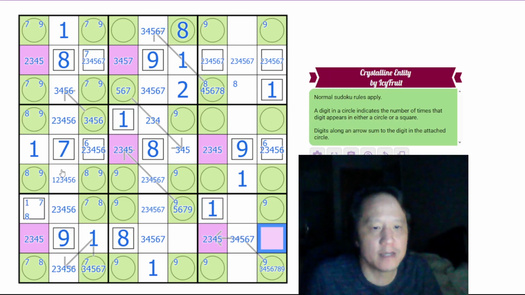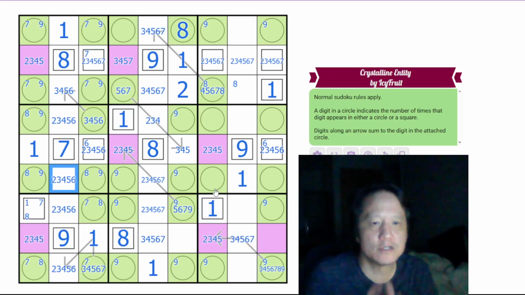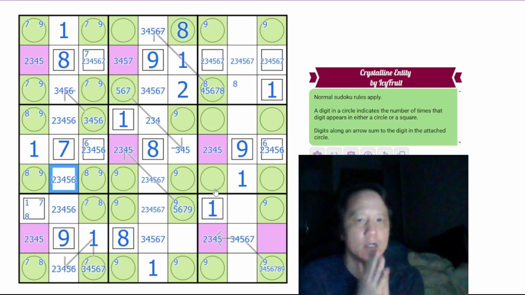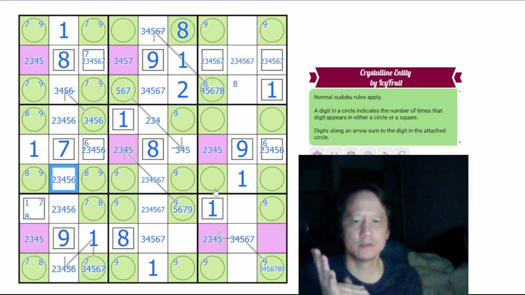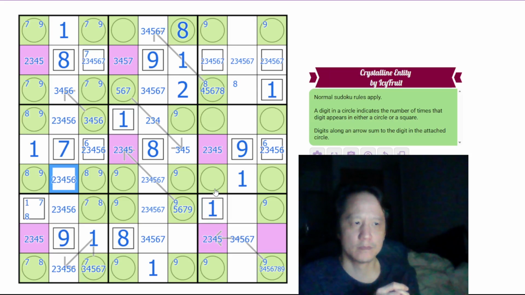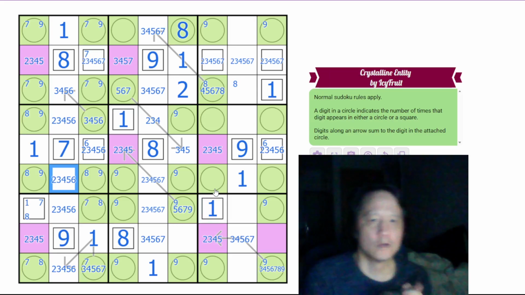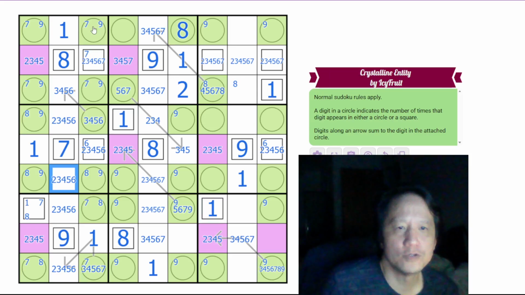Okay, so this can't be 1, obviously. We still don't know where else the 2 could be. 2 could technically be in a circle here, so that's not helpful.